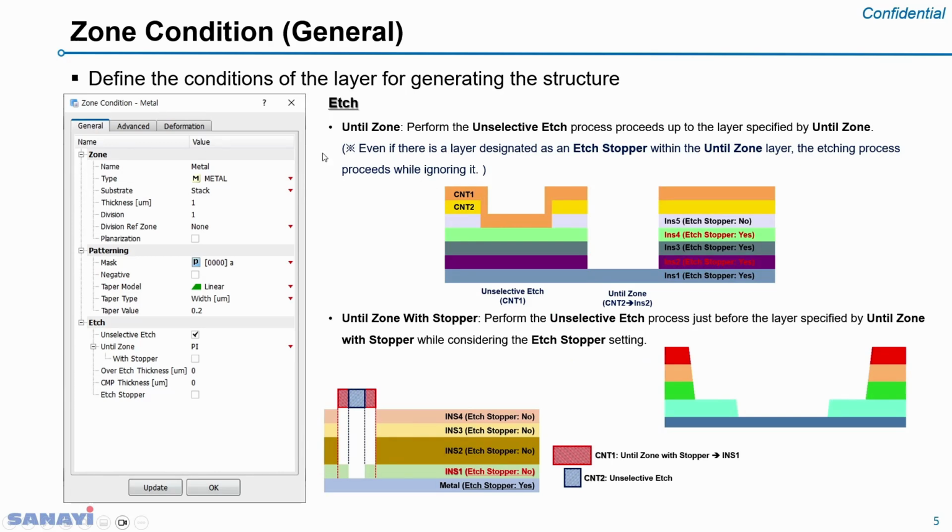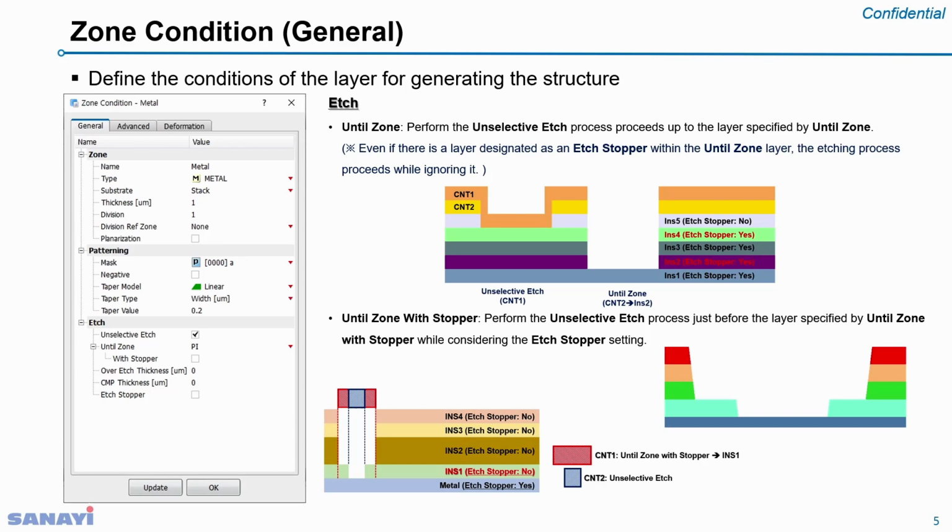The next one is until zone. It is convenient to think of the until zone function as a slightly more powerful etching process compared to the unselective etch. Unselective etch means that etching proceeds until just before the layer for which the etch stopper is checked.